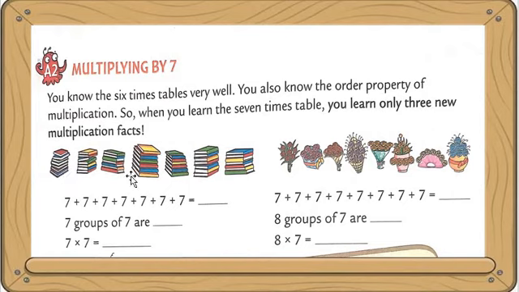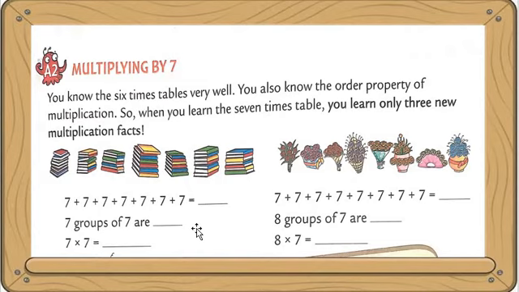Here, how many groups of books? 1, 2, 3, 4, 5, 6 and 7, and we count. In each group, how many books? 1, 2, 3, 4, 5, 6 and 7. Understood?